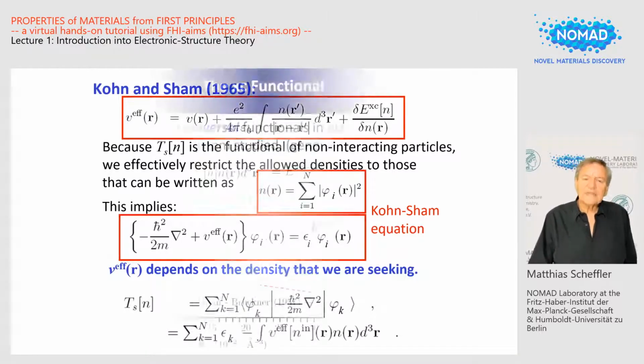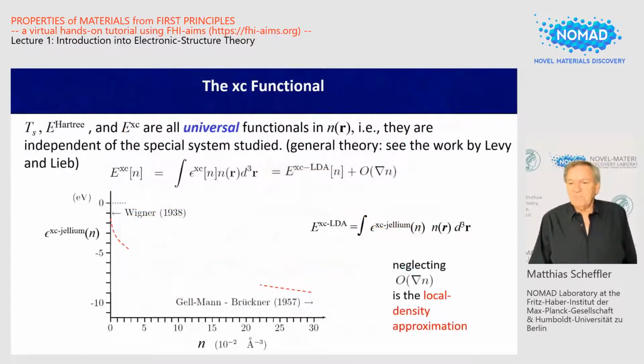Now, the power or the quality of density functional theory has been shown in the very first calculations with the so-called local density approximation. We know that Exc is a universal functional in n of r, and it is independent of the special system.